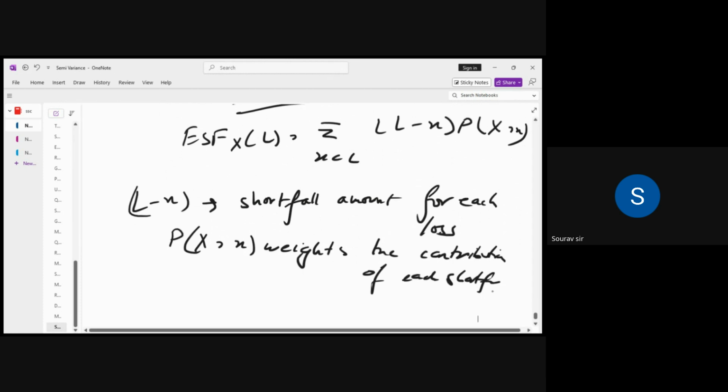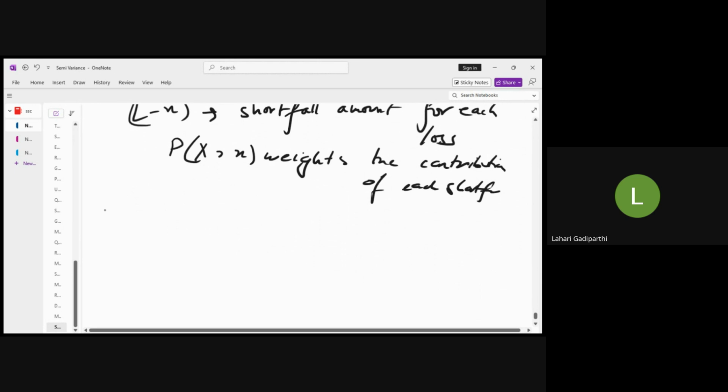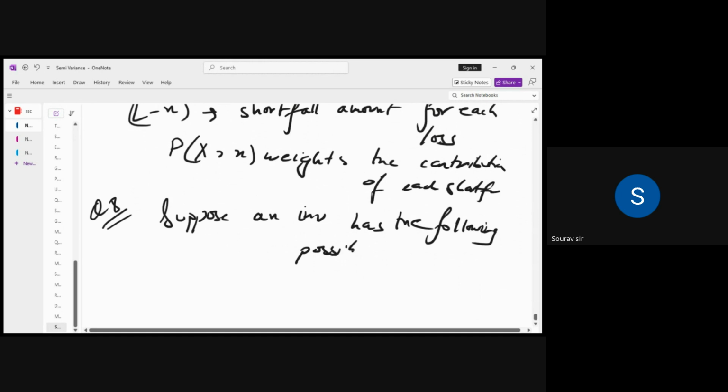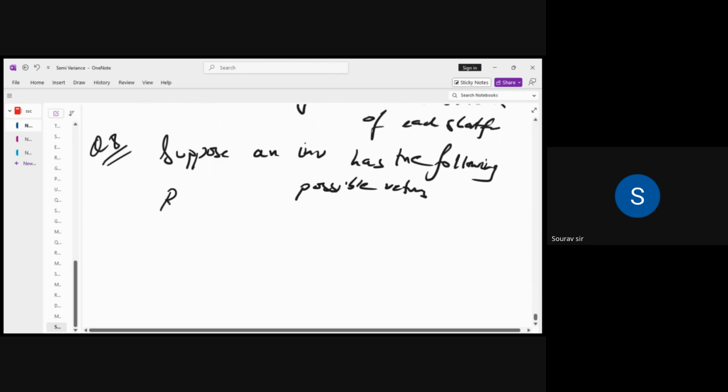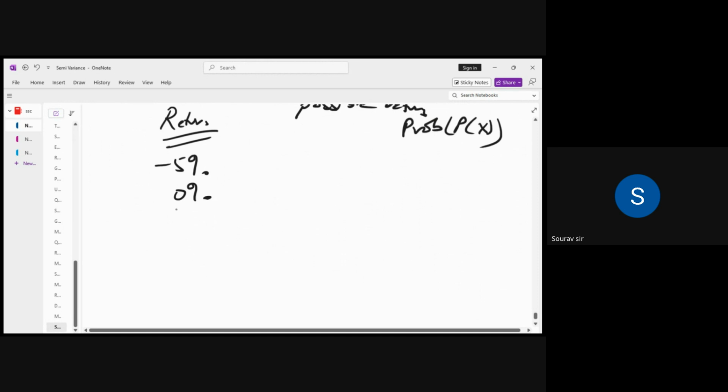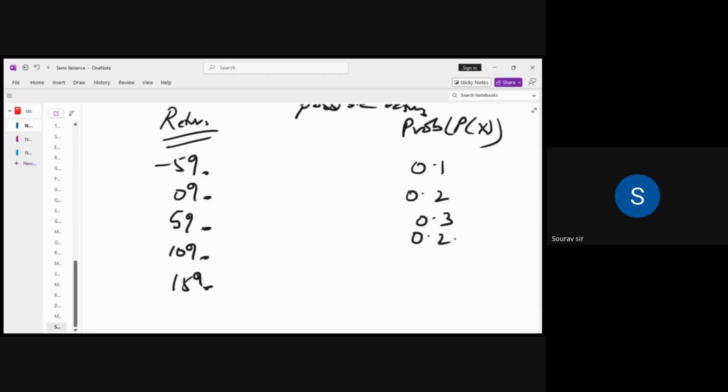So if I give you a question: suppose an investment has the following possible returns, minus 5%, 0%, 5%, 10%, 15%, with probabilities 0.1, 0.2, 0.3, 0.25, 0.1.